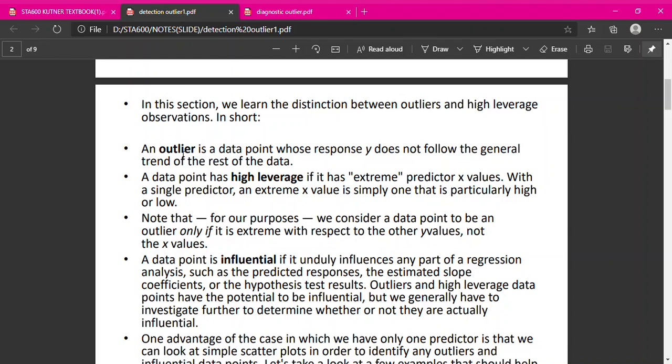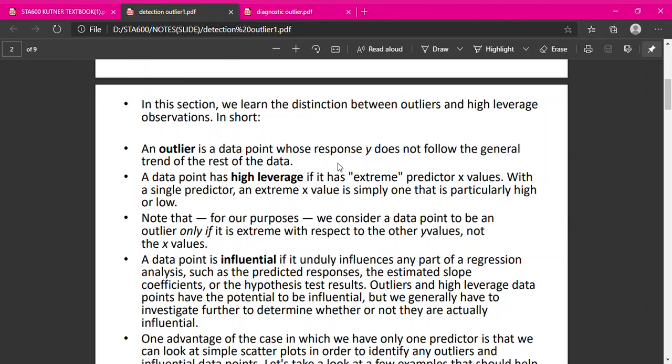Okay, an outlier is a data point whose response Y does not follow the general trend of the rest of the data. So, bila kita tengok daripada scatter plot, macam mana kita nak detect that data point adalah outlier or not, adalah kita tengok bila ada that point, okay, that point does not follow the general trend.